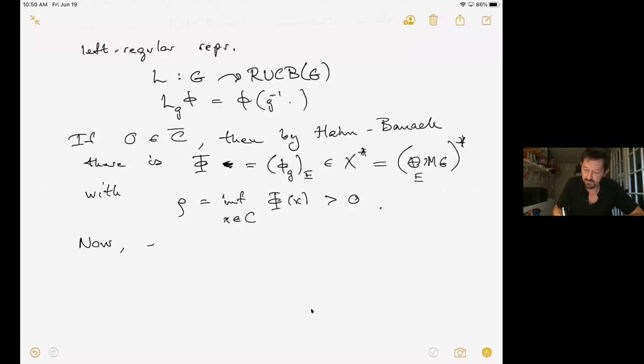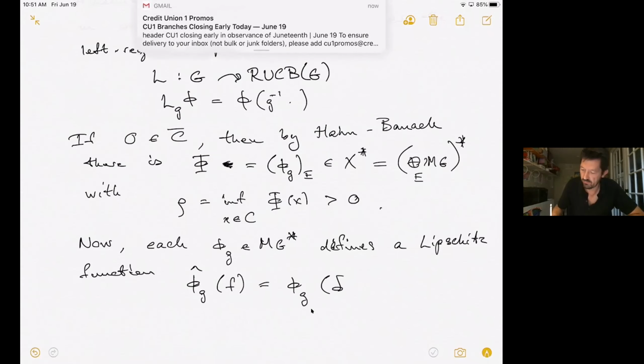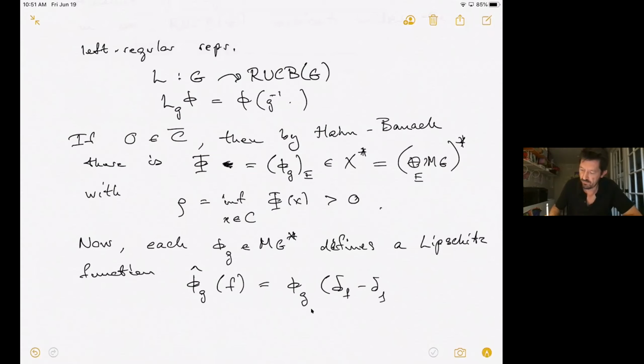So each phi_g in MG star defines a Lipschitz function on G in the usual way, simply by evaluating phi_g on the difference between delta_f and delta at the identity, the Dirac functionals at f and the identity.